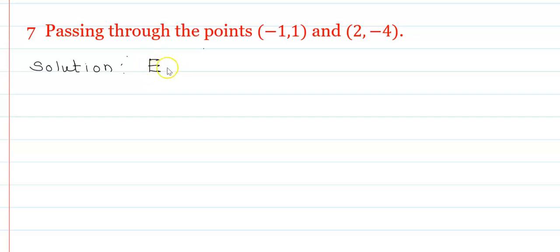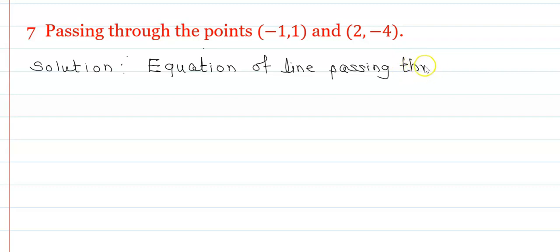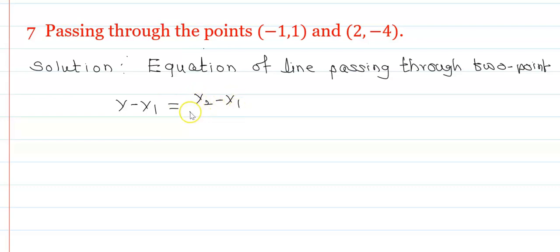Find the equation of a line passing through the points (-1, 1) and (2, -4). Equation of line passing through two points. Therefore by using the 2-point form: y minus y1 is equal to y2 minus y1 upon x2 minus x1 into, in bracket, x minus x1.